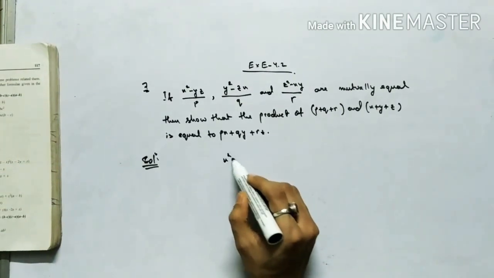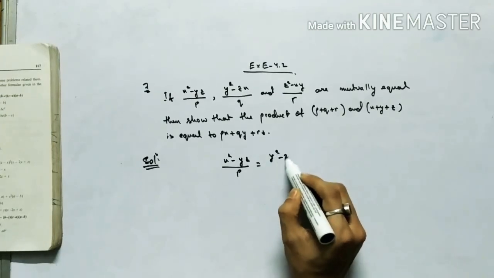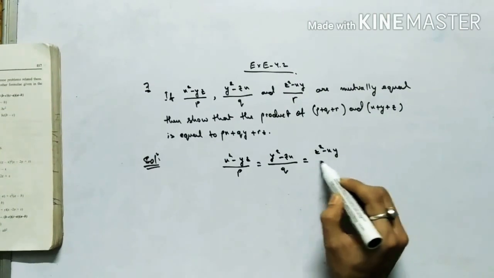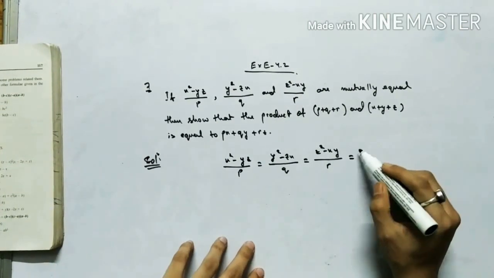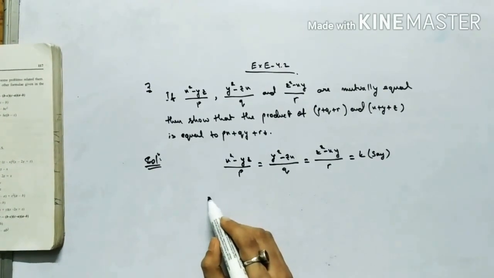So here, (x square minus yz) by p equals (y square minus zx) by q equals (z square minus xy) by r. They are mutually equal, so I will say each equals k.